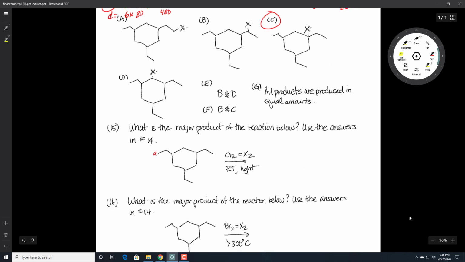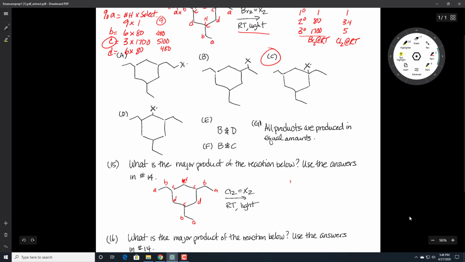Now, coming down here, we have the same type of analysis. We've got A's and B's and C's, and then position D. Sorry, that's a B. D. So we've got A, B, C, and D using the same numbers as what we just did up here. We've got 9 A's times a selectivity of 1 for chlorination.